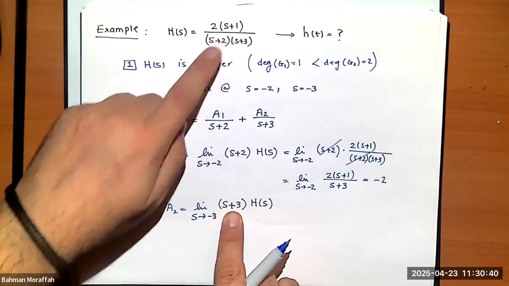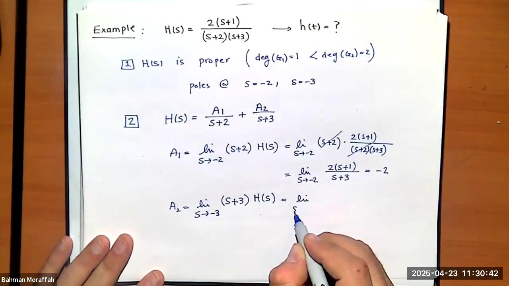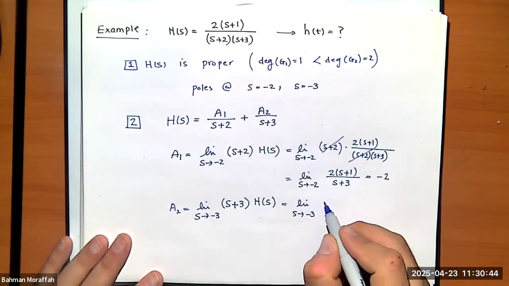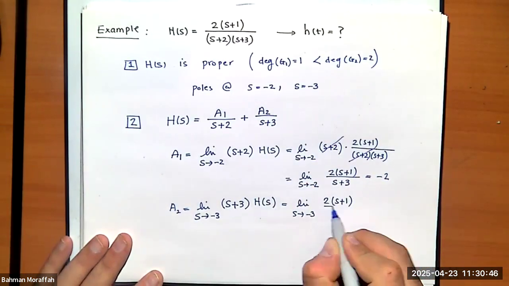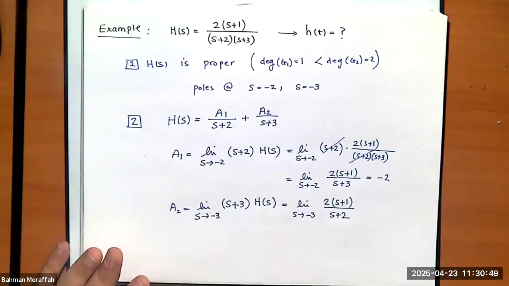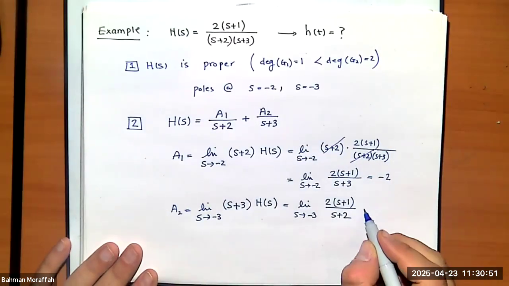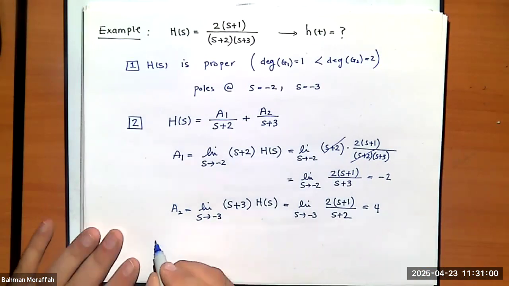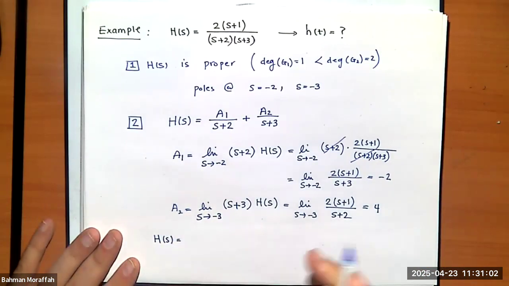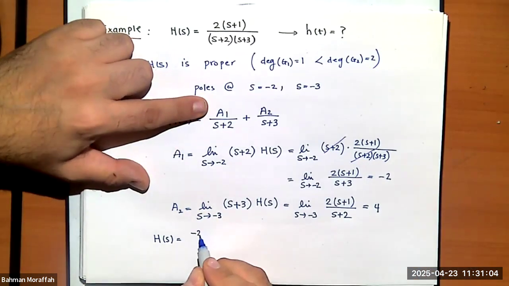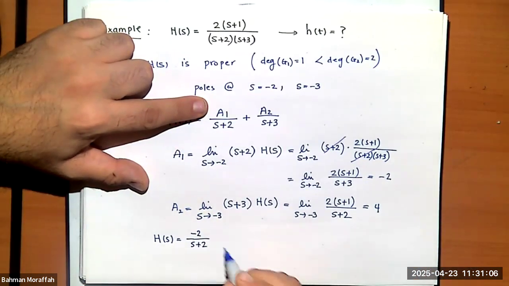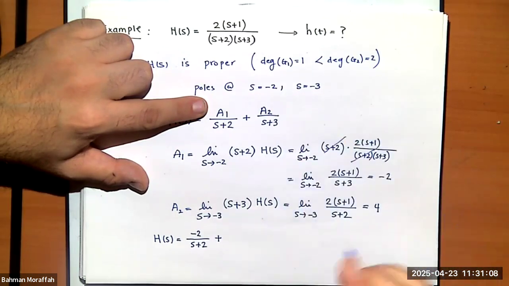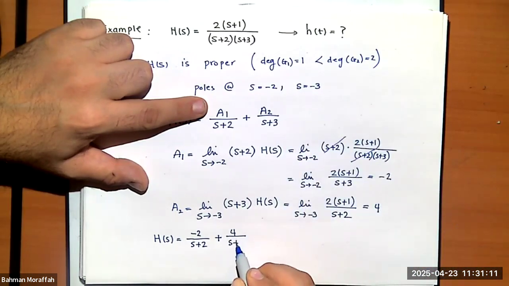So this limit is the limit of 2 times S plus 1 divided by S plus 2, which is 4. Therefore, I know exactly what H of S is: A1, which is negative 2 divided by S plus 2, plus A2, which is 4 divided by S plus 3.